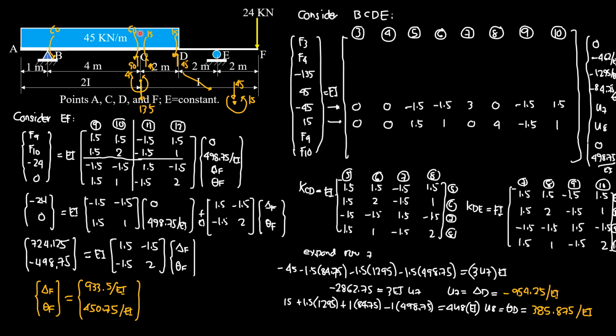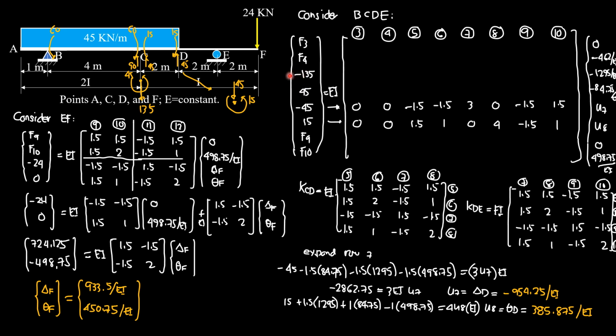That's why the load here is 60 clockwise minus 15 counterclockwise is 45 clockwise, but the nodal load is counterclockwise 45, so that's why we have positive 45 here.